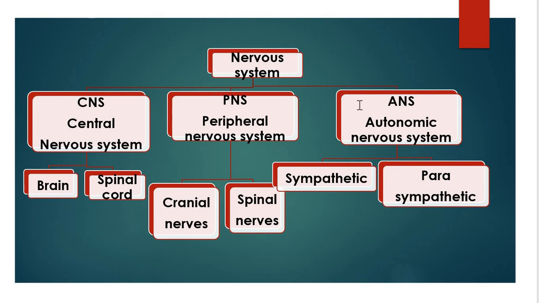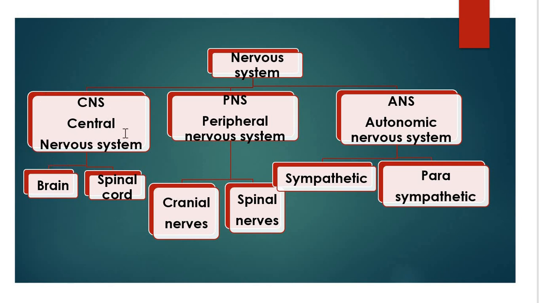The autonomic nervous system includes two kinds of systems, that is the sympathetic and parasympathetic nervous system. It works along with the central nervous system and peripheral nervous system and prepares us for different situations, different circumstances.